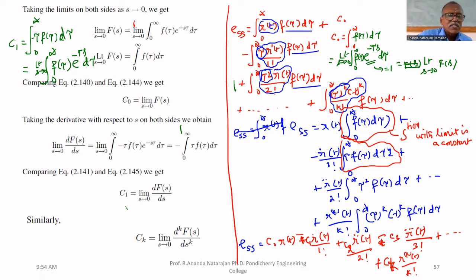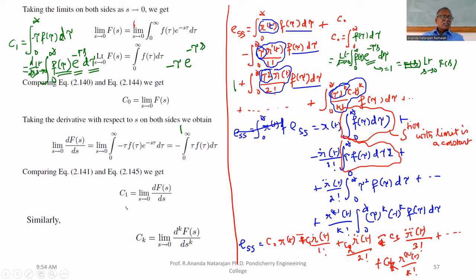If I differentiate this with respect to s, what will you get? This is independent of s. This is also independent of s. The only term with respect to s is e power minus tau s. If you differentiate this with respect to s, you will get minus tau e power minus tau s. If you differentiate e power something any number of times, it remains e power something. So if you differentiate this integration with respect to s, you will get the above statement. Limit s tends to 0, that's why e power minus tau s will go off.